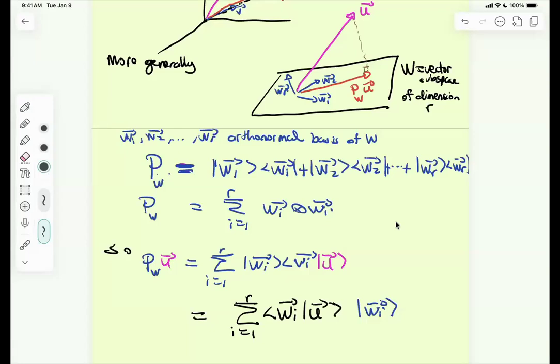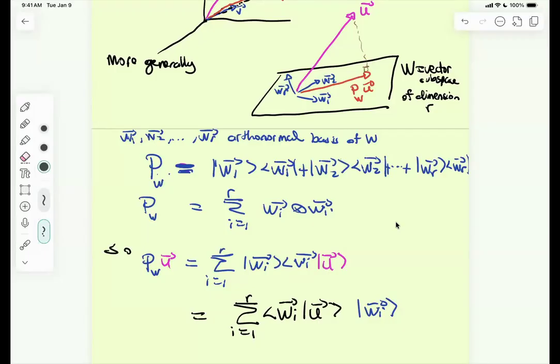What I'm trying to connect is how forming this giant sum over all the basis vectors, and then applying it to a vector anywhere, outside or inside, works.